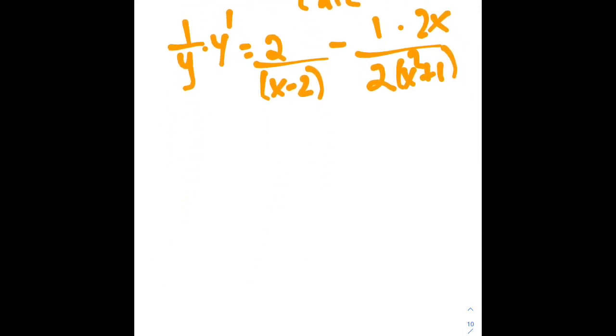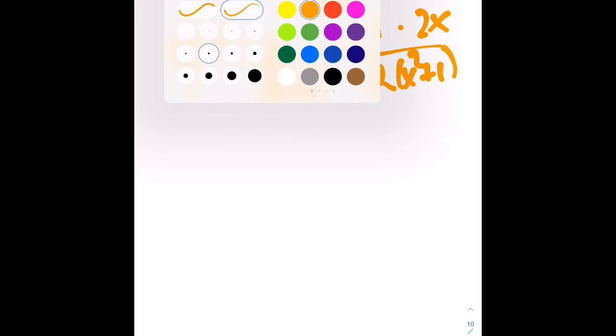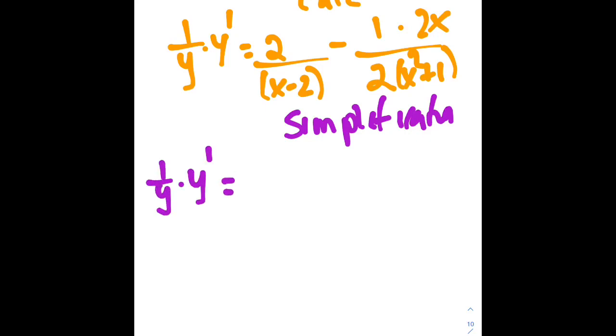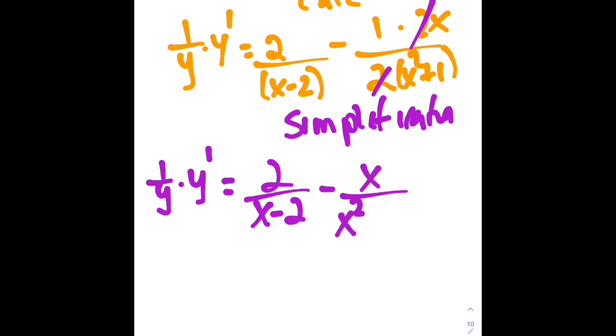And friends, for some of you, this is a better alternative than having to do quotient rule, because now I'm done with my calculus. The rest of this is just going to be simplification. I have 1 over y times y prime is equal to 2 over x minus 2, and if I simplify, I get minus x over x squared plus 1.